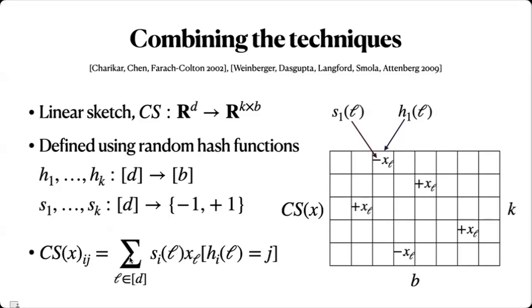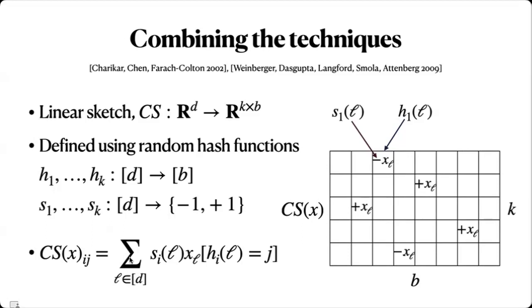So in more compact notation, if we look at entry i, j, so row i, column j, what we have there is a sum of items whose hash value under the hash function h_i is equal to j, multiplied by a sign value s_i of l, and all of this is weighted by x_l, the lth entry of the input vector.